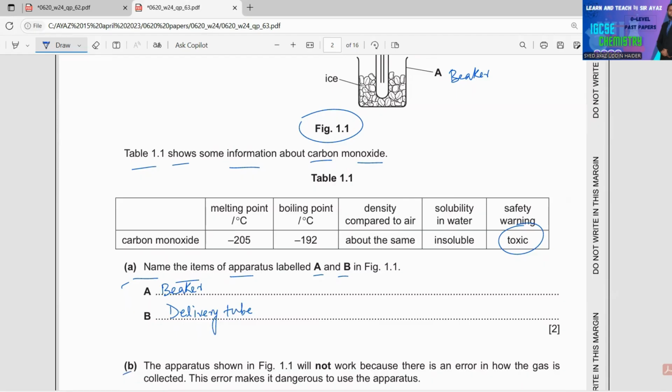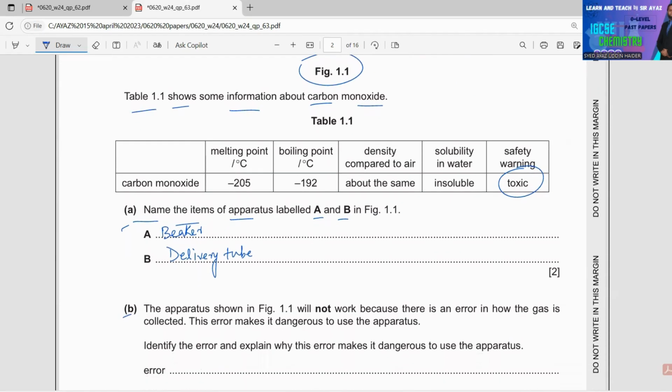Part B. The apparatus shown in figure 1.1 will not work because there is an error in how the gas is collected. This error makes it dangerous to use the apparatus. Identify the error and explain why. Now look at the apparatus carefully.